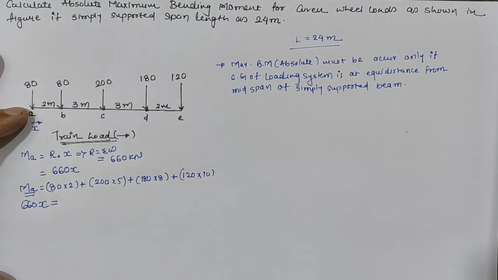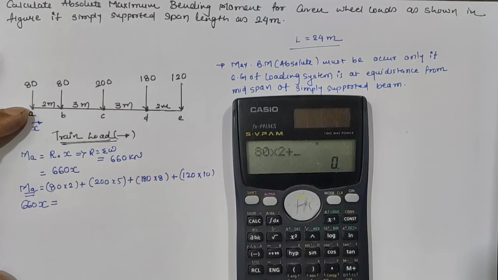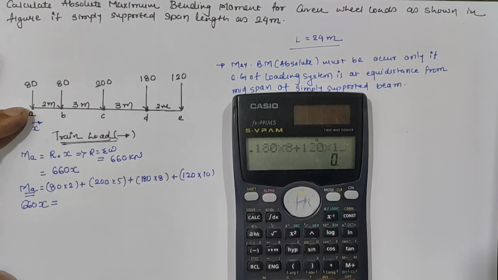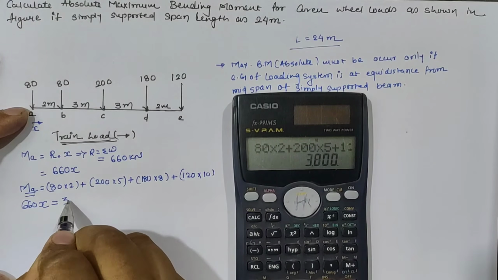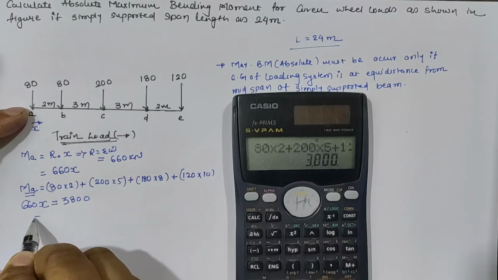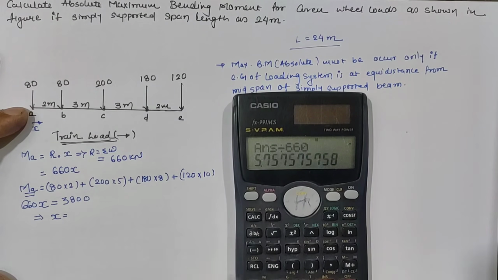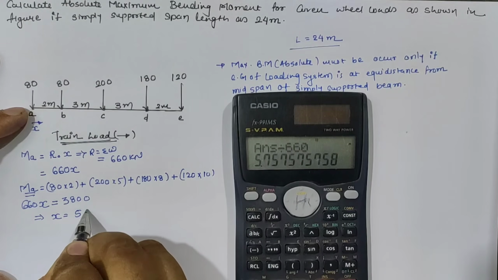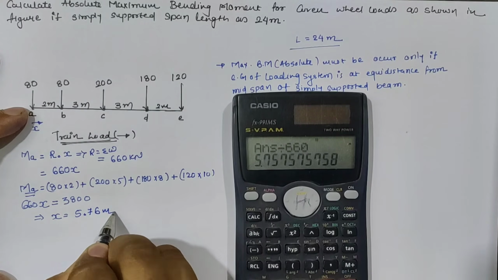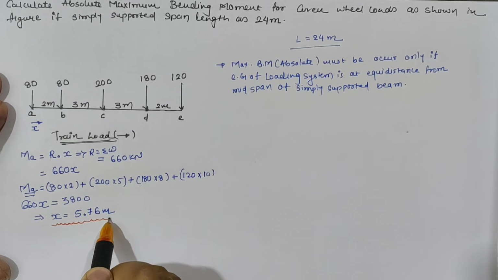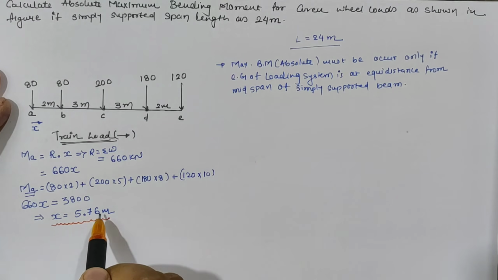Let us calculate this value, which is equal to 3800. It means that our x value is 5.76 meter. Now x indicates that the CG of the load system is at 5.76 meter from A.